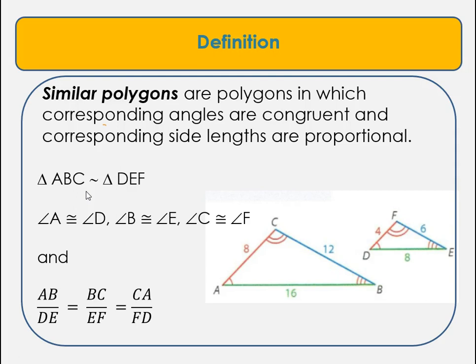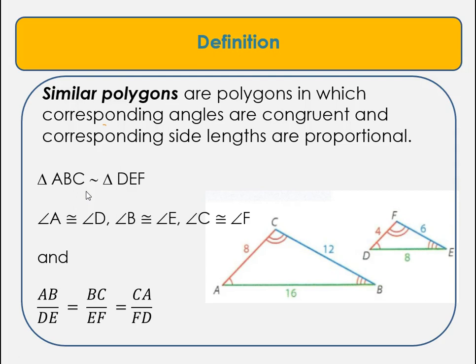Remember that similar polygons are polygons where the corresponding angles are congruent and corresponding side lengths are proportional. So with these two triangles, we had triangle ABC similar to triangle DEF, and angle A is congruent to angle D, angle B is congruent to angle E, and angle C is congruent to angle F. And the sides are proportional.